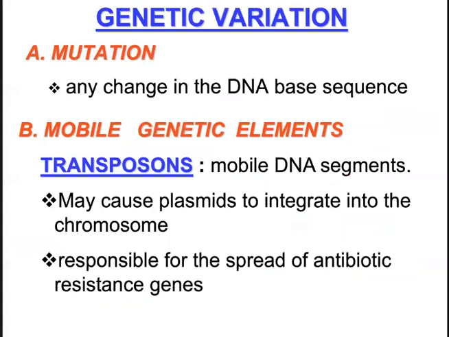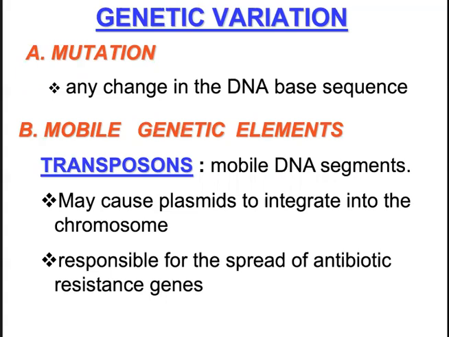Now, genetic variation also occurs. Of course, there would always be mutation, especially when bacterial cells are exposed to, say, radiation. Mutation occurs when there's any change in the DNA base sequence, so this may occur during exposure to radiation. And then of course, because of the presence of transposons, which are also known as jumping genes.